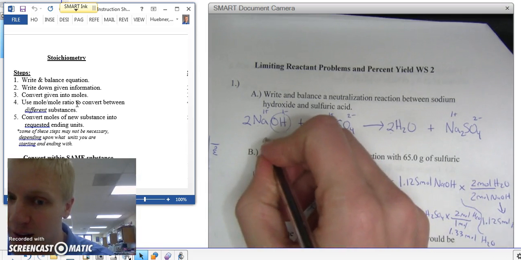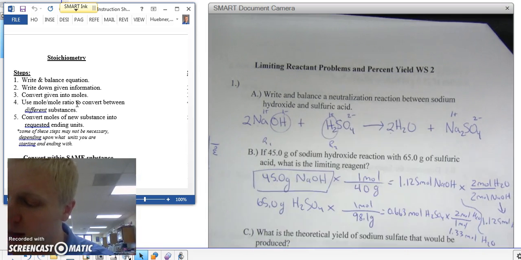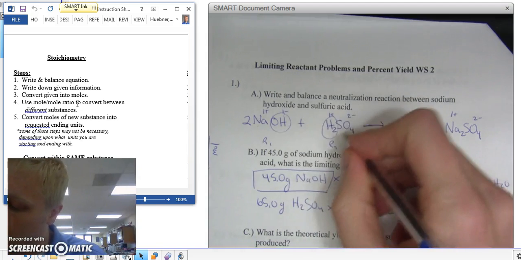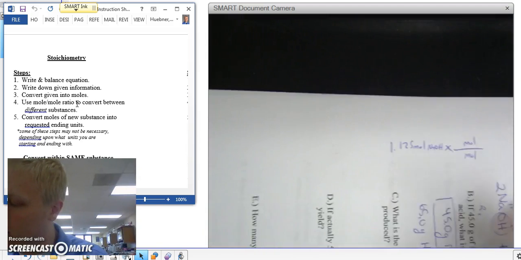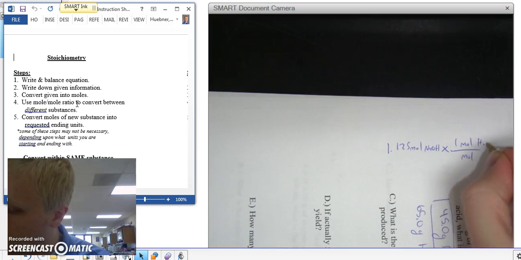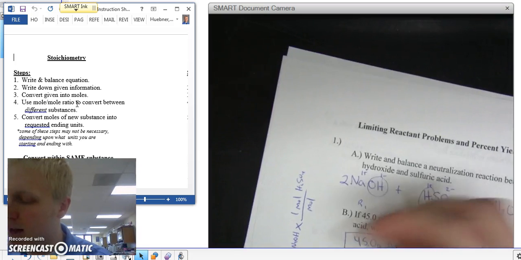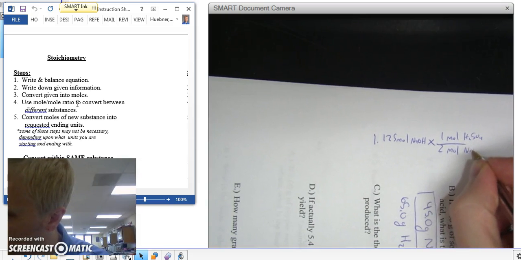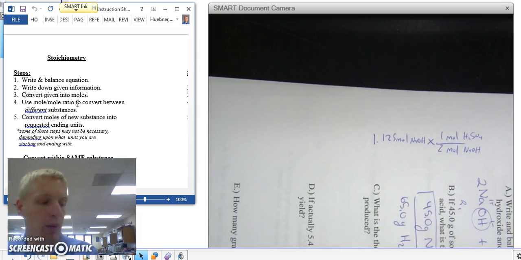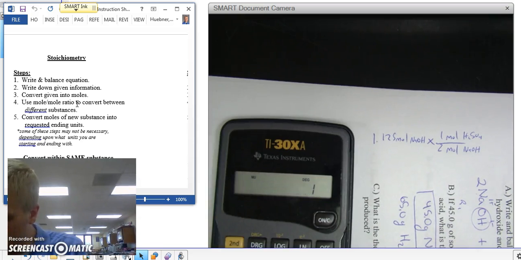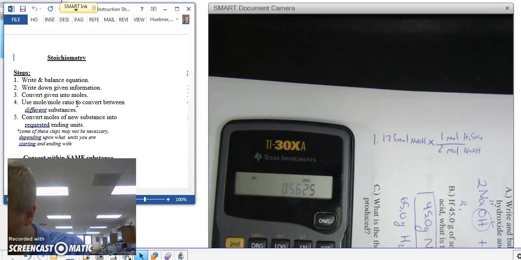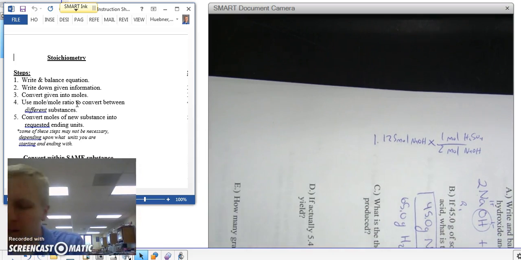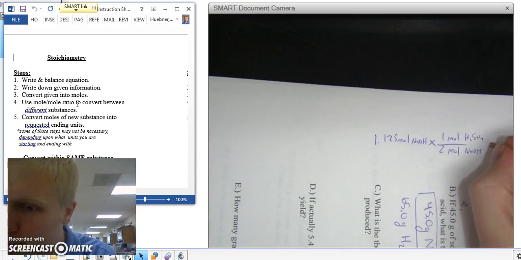I said NaOH was reactant 1, this one's reactant 2. I only have 1 mole of reactant 2, but I have 2 moles of reactant 1. 1.125 divided by 2 gives me 0.563.